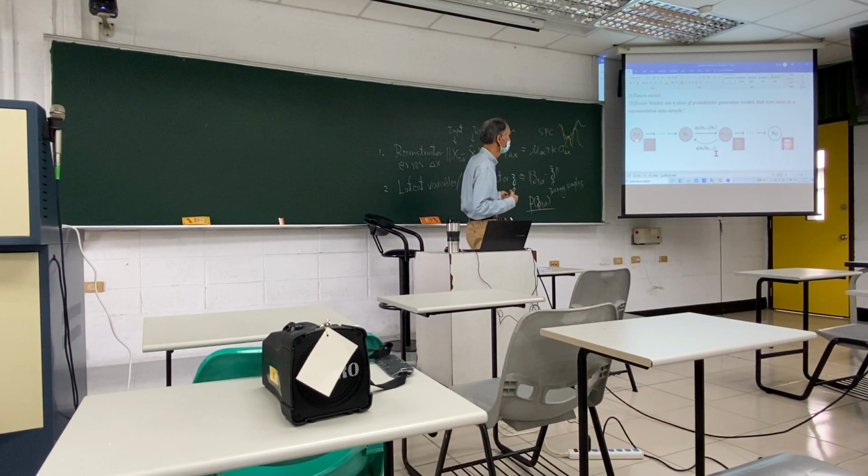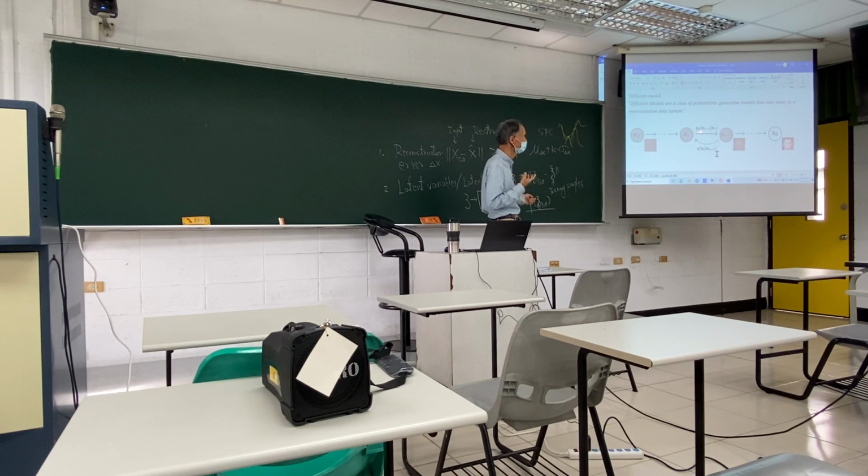Then from XT, T will be the final step, we go back. Given XT, we estimate what should be the probability, or the best estimated image at T minus 1. This is something you need to learn.